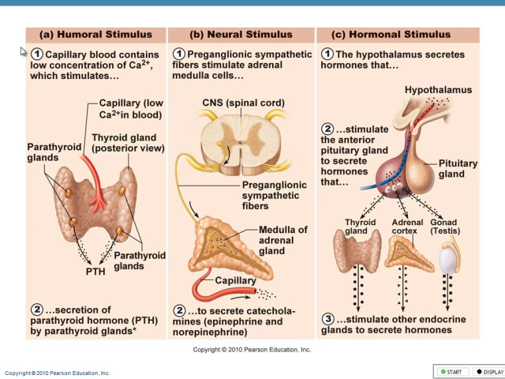Or, in the example here, blood calcium levels are doing what? Going down. In order for me to maintain things like nervous system control or muscle contractions, I have to have enough blood calcium to do that.